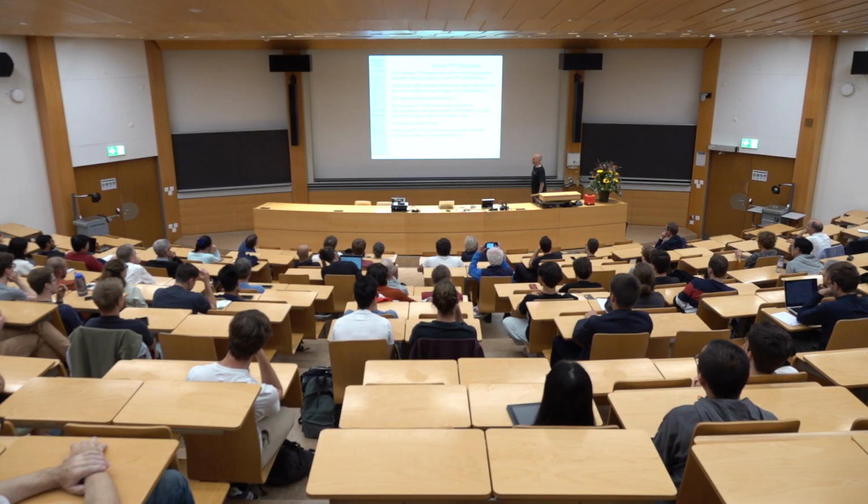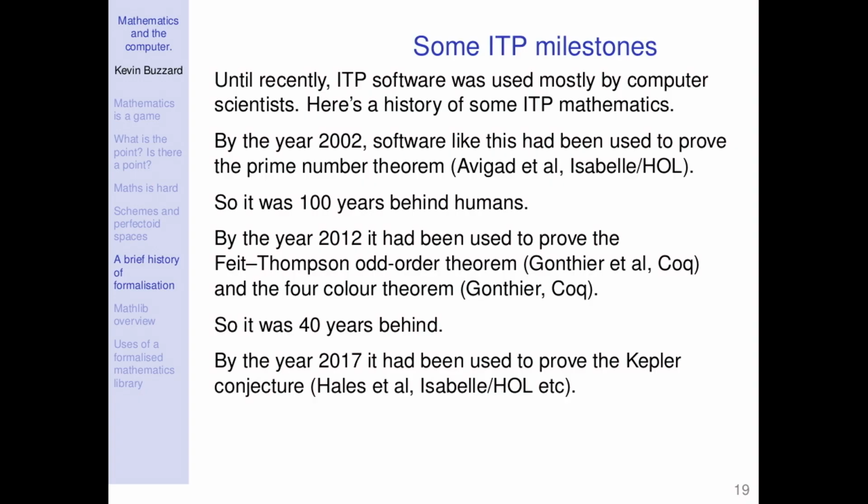And then by 2017, when I started, Tom Hales had just announced that he'd formally checked his proof of the Kepler conjecture. The Kepler conjecture was another computer-assisted proof. Hales submitted his paper to the Annals, and the referee said, well, this relies on checking sort of 70,000 nonlinear inequalities on regions of R cubed. And we as referees are not capable of checking it.